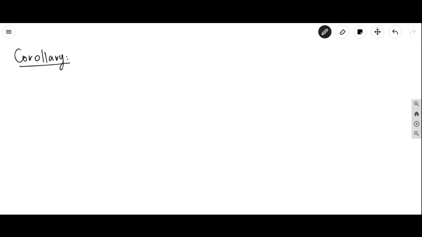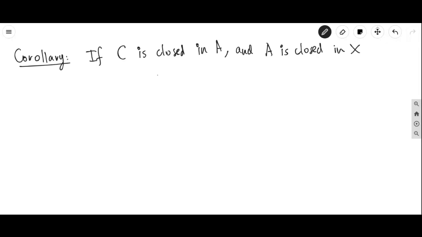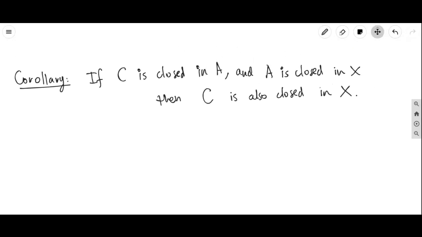So if C is closed in A and A is closed in X, then C is also closed in X. We've actually already proven this with open sets.